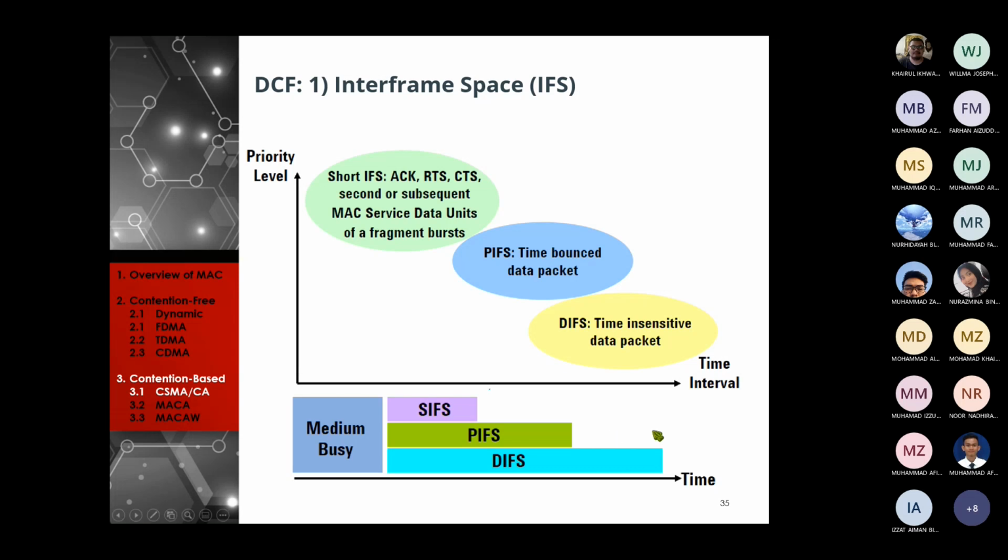Okay, so sini kita ada IFS, ACK, RTS, CTS. Second or subsequent service data unit of a fragment burst is a priority level, high priority. Kalau kata yang medium, so kita ada PIFS, time bounded data frame, DIFS, time insensitive data packet. So medium busy ni kan PIFS, DIFS.